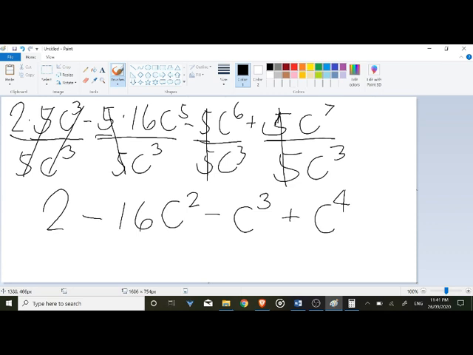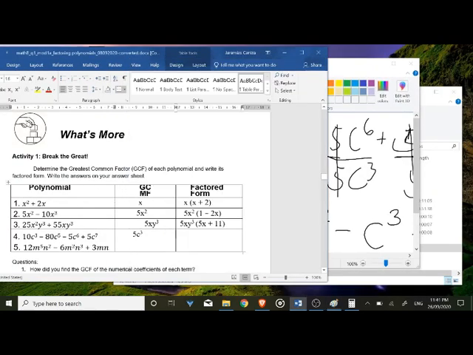So therefore, this is the other factor of the given polynomial. That's 2 minus 16c squared minus c cubed plus c to the 4th power. So lagyan nyo lang yan dyan dito.